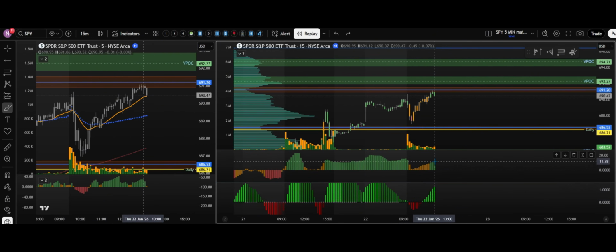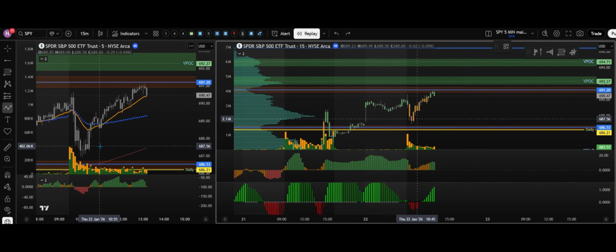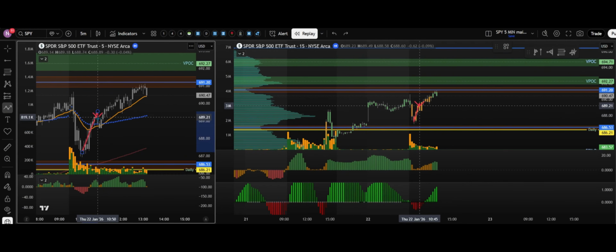We are technically moving green, even though our 15-minute chart is just starting to step down on QQE. We are still in a bullish market structure, right? We haven't made any lower highs on either a micro scale or a macro scale. I have another great video on market structure as well, but right, we're still making higher lows, higher highs, higher lows, higher highs, higher highs, higher lows, higher highs.